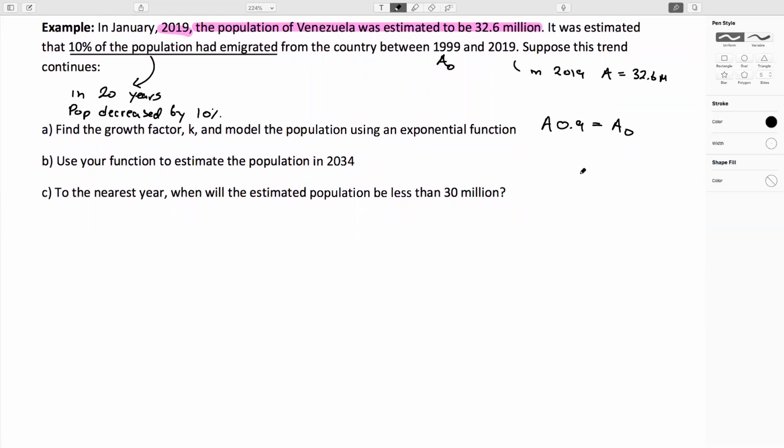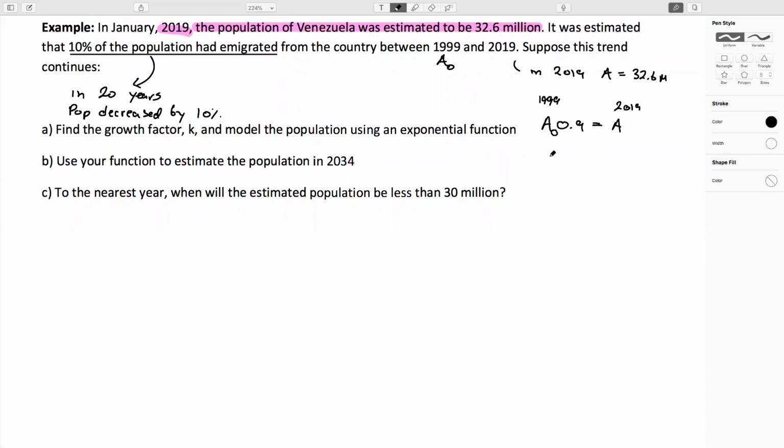Or actually, I think I have these written backwards. Yeah, I did. Sorry about that. A naught times 90% is A. The way I had it written before was saying that we've actually grown in population. The way I have it written here, A is 2019, A naught is 1999. If we multiply our population in 1999 by 90%, we get our population in 2019.